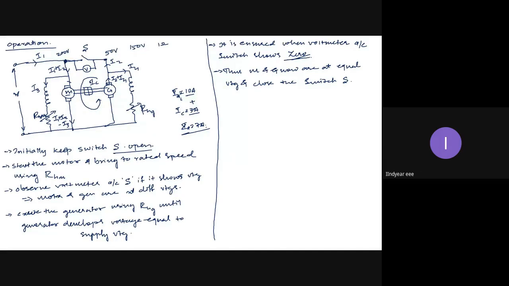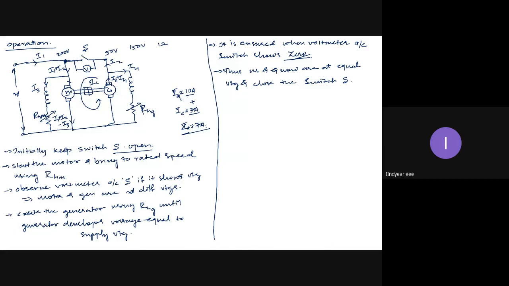Decreases. So what is happening here? Because of this circulating current existing, the load handling capacity of the machines has decreased. Okay, with the existence of circulating current, the load handling capacity of the machine decreases.